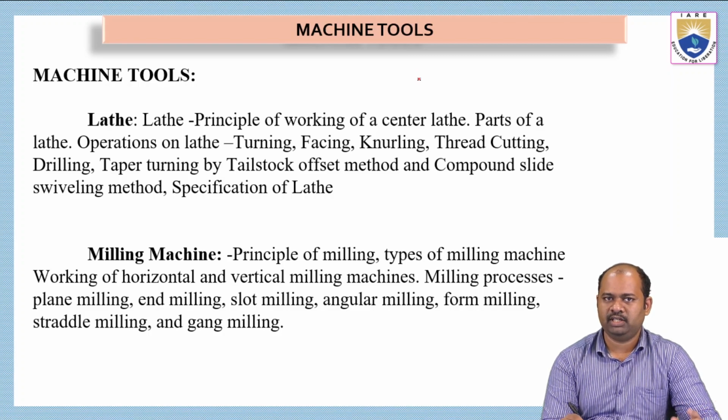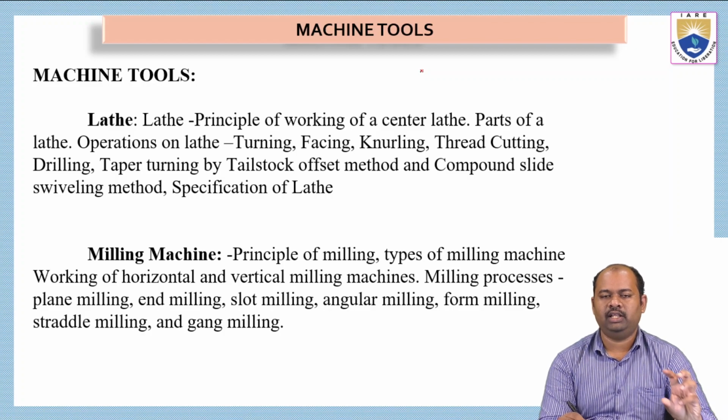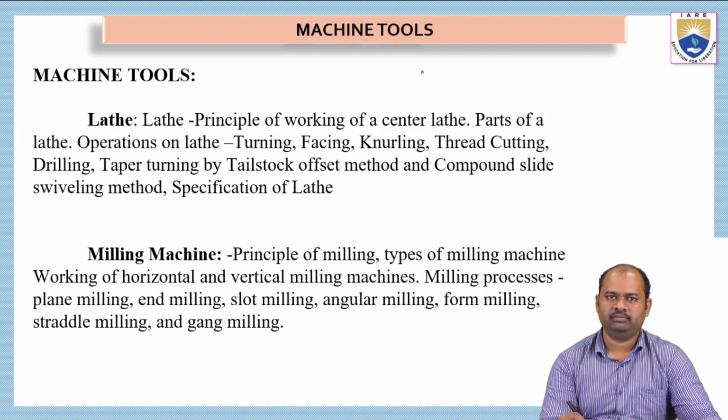So what is the manufacturing industry actually? Suppose I want to build a building. I need some concrete and iron. Where should I produce this iron? Building concrete is a separate thing. How can I produce this iron bar? These iron bars are extracted from iron ore and converted into a particular shape.